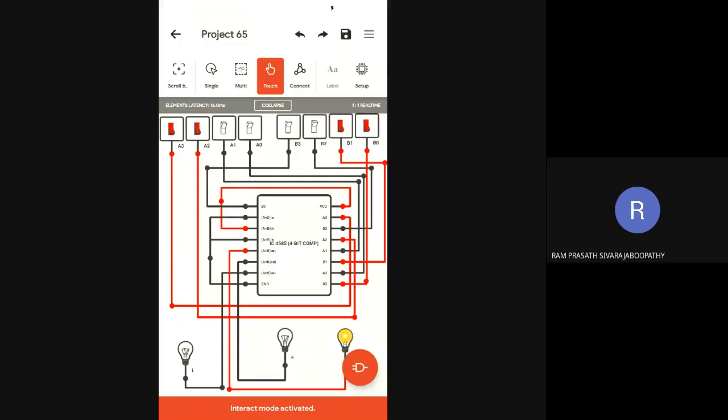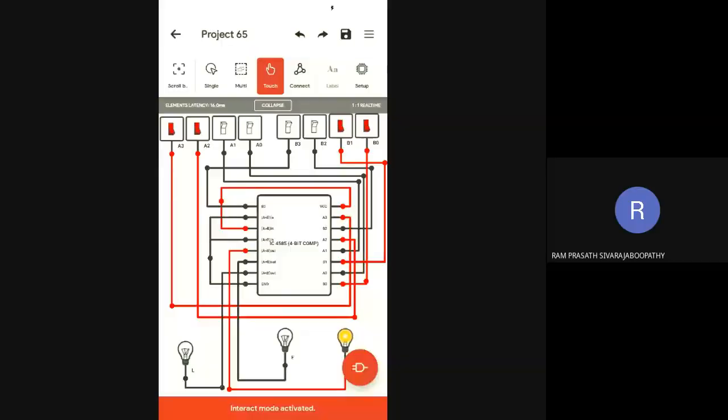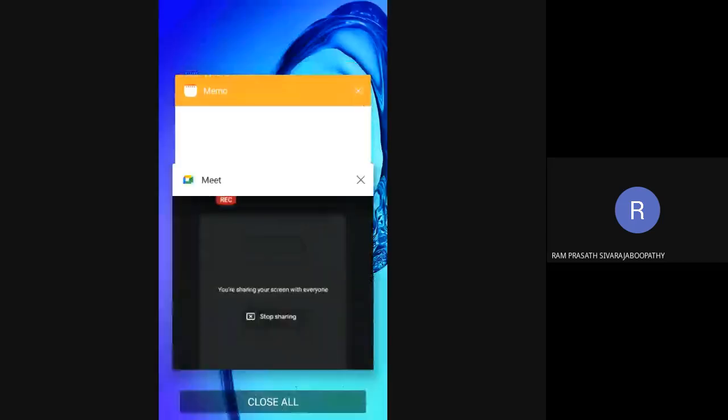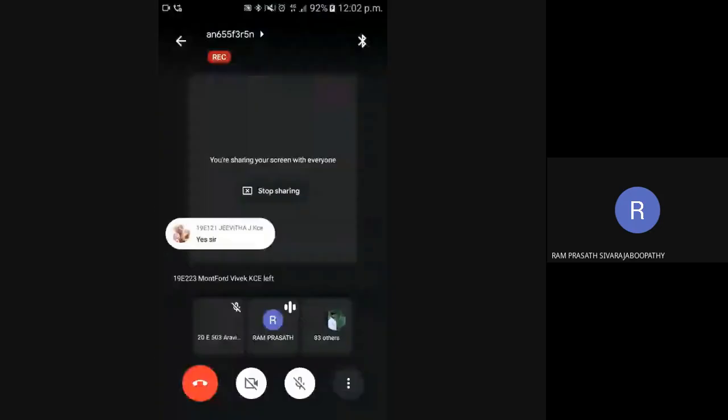Okay, next we will move on to experiment number 8. Shall we proceed? Yes, okay. So now I am going to close this and stop sharing from my mobile phone. Again, I am going to present from the computer.